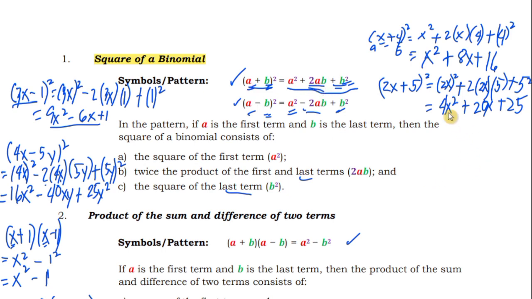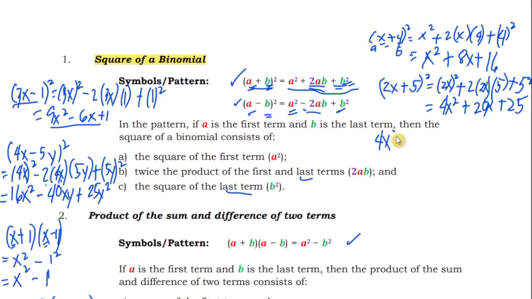So we have here the given 4x squared plus 20x plus 25.